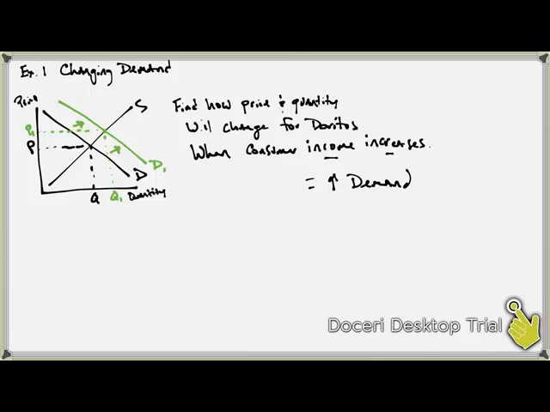And now I can see that when individuals have more money, if we're looking at the market for Doritos, people buy more Doritos, and that increase in demand should cause an increase in price and an increase in quantity that people want to buy, and that's being supplied over time.